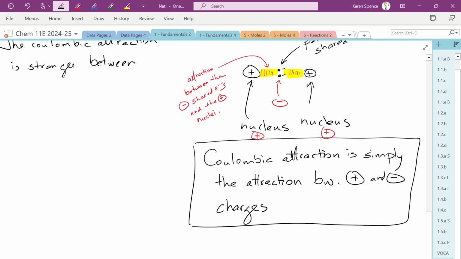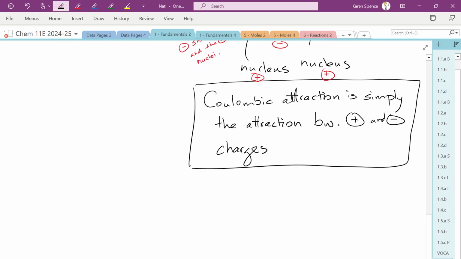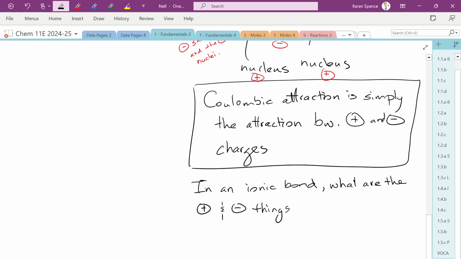So we could say to ourselves, in an ionic bond, what are the positive and negative things that attract? Ions.